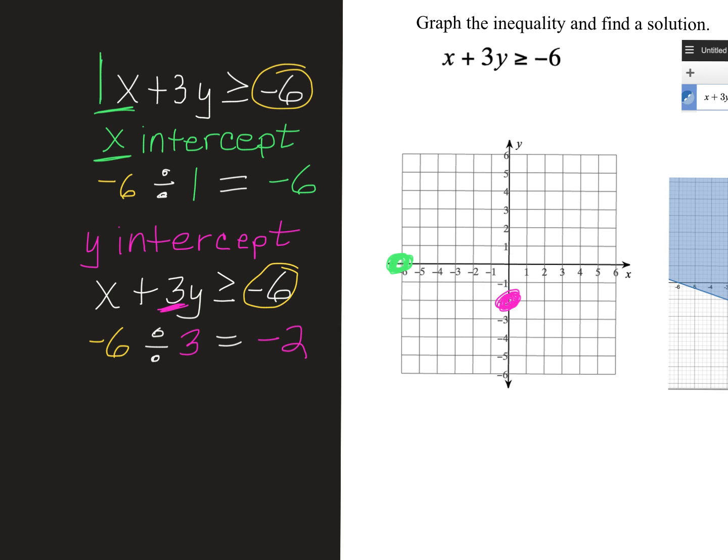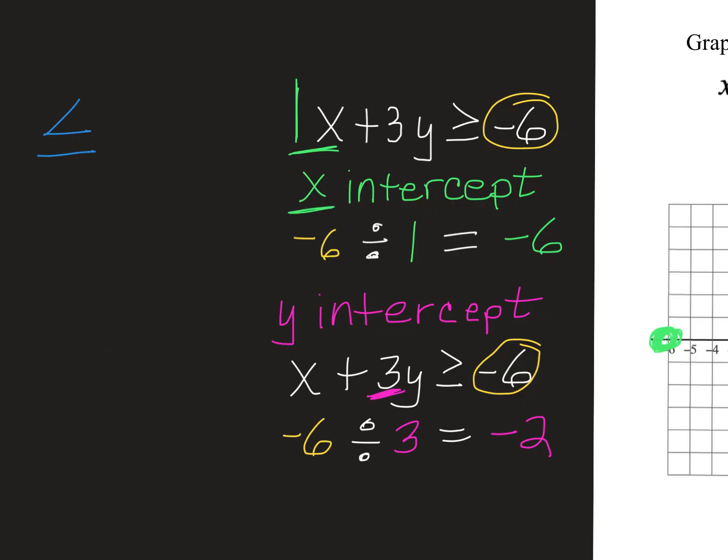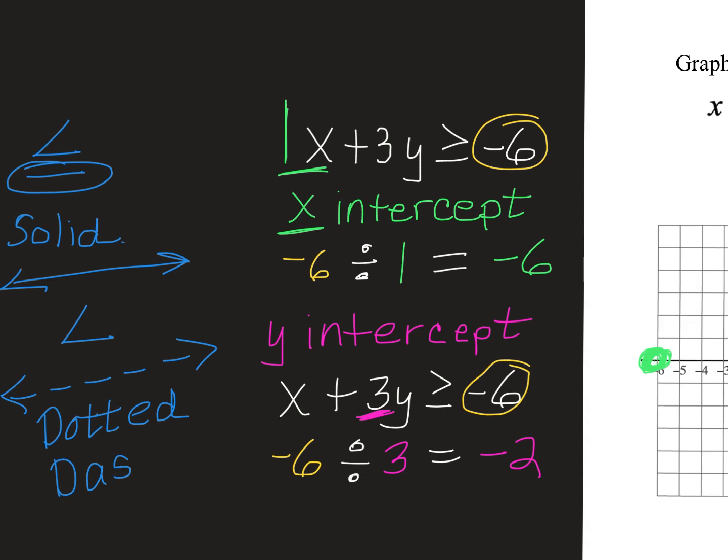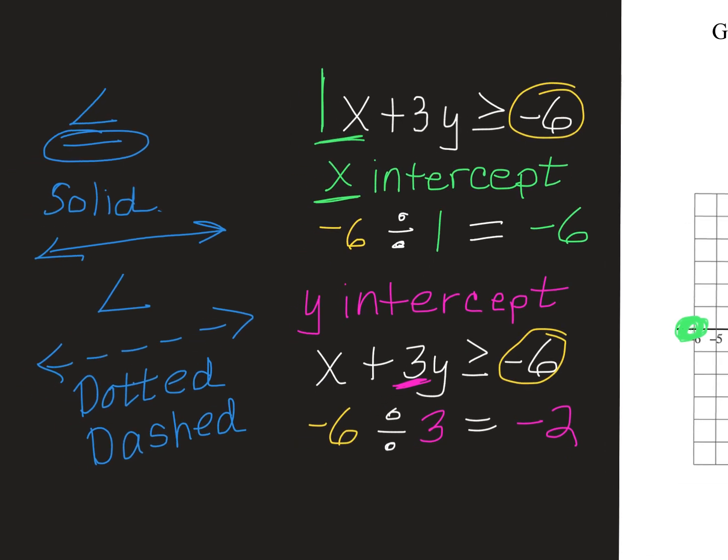The way you tell the difference: if your inequality symbol has an equal to sign in it, you make a solid line. And if your inequality does not have an equal to sign underneath it, you make a dotted, or we also call it a dashed line.